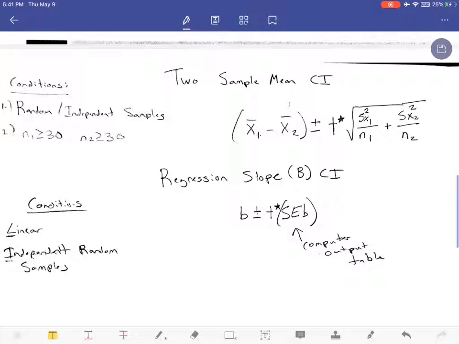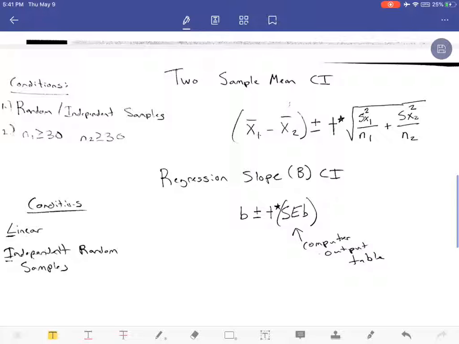Next, we have the two sample mean confidence interval. So a two sample mean confidence interval just has that same condition: it needs to be a random independent sample. And then both our sample sizes need to be greater than 30, or when we graph them as a dot plot, they should look approximately normally distributed if they're less than 30.